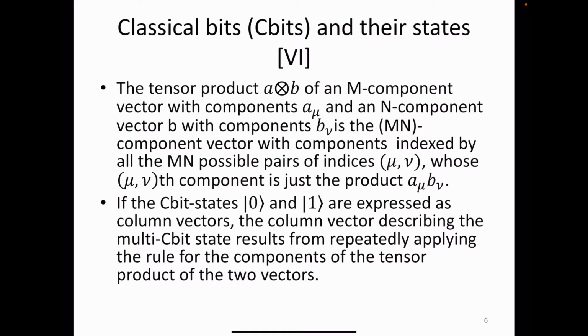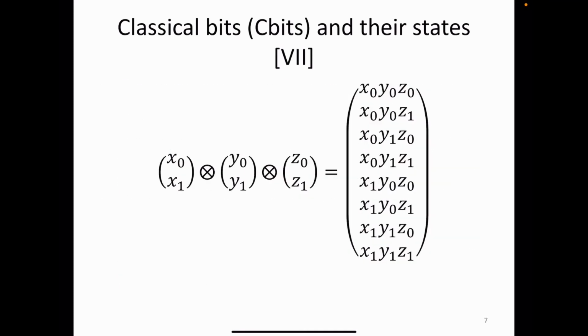The tensor product A⊗B of an M component vector with components A sub mu and an N component vector B with B sub nu is the MN component vector with components indexed by all MN possible pairs. If we now look at 3 qubits, X, Y, and Z, then you can construct a 3 qubit state by executing a tensor product between these 3.